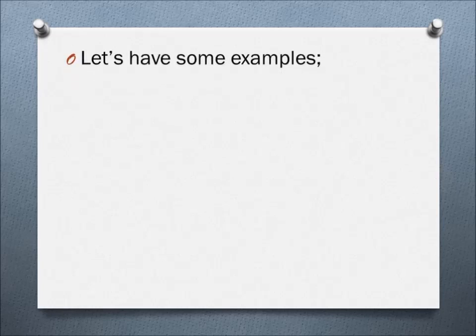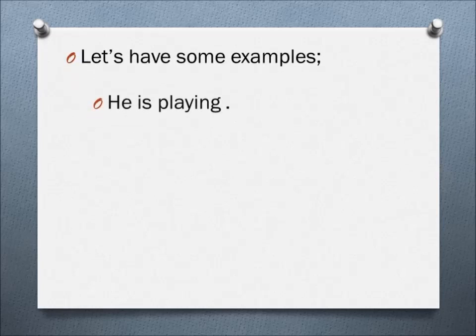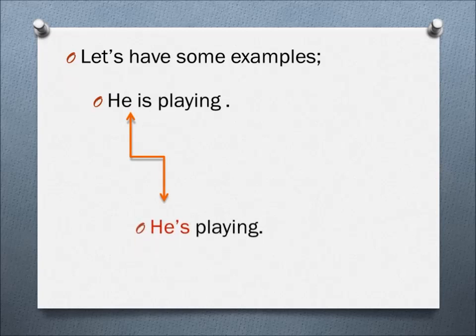Let's have some examples. He is playing. He's playing. See the difference? Same meaning, but it's shorter. In the first sentence, he is playing, I have three words, but in the second sentence, he's playing, I only have two words. See?